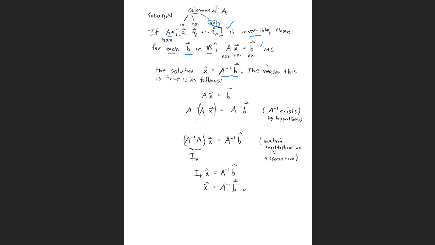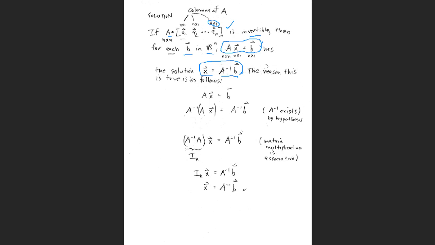For now, this is true. Why, if A is invertible, would the system of equations AX equals B have the solution X equals A inverse times B? Well, I show it below here.